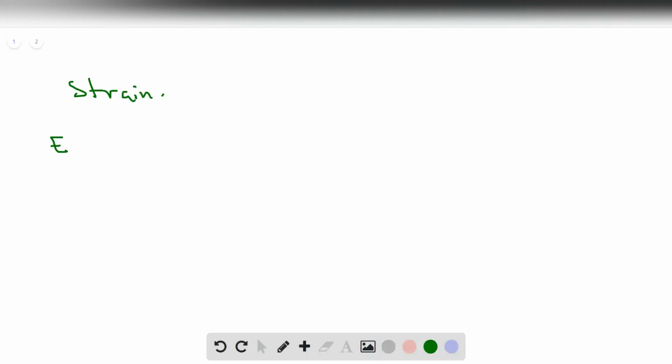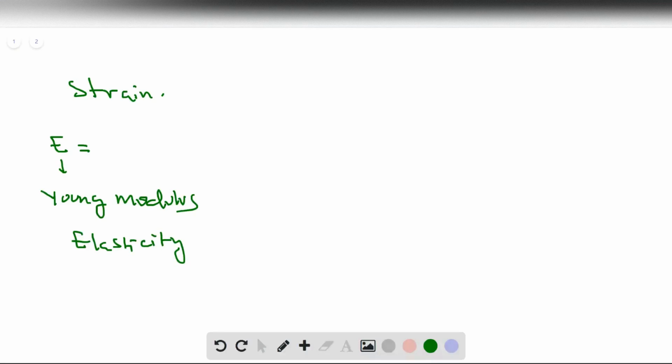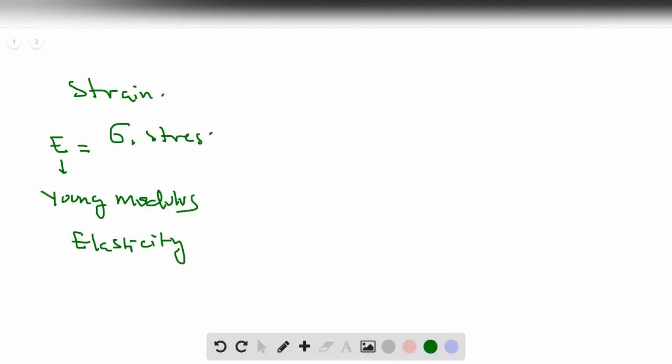Before that, we can define E, which is Young's modulus of elasticity, and we're going to use that route to get the strain, because Young's modulus relates the stress, which is sigma, to the strain, which is epsilon.